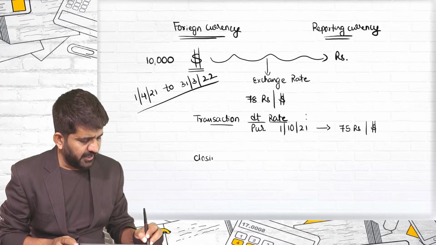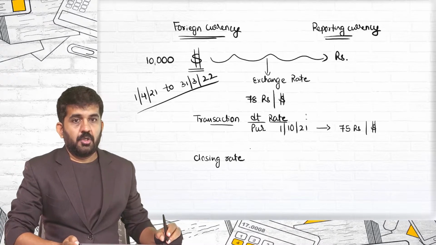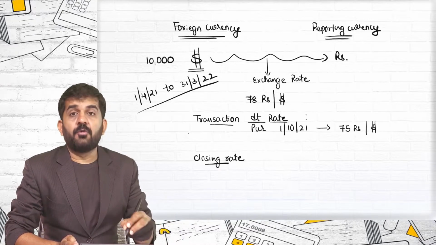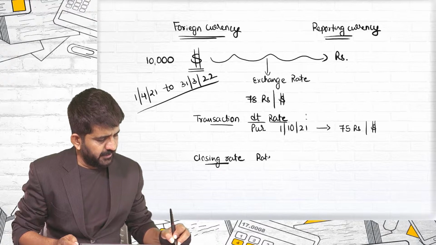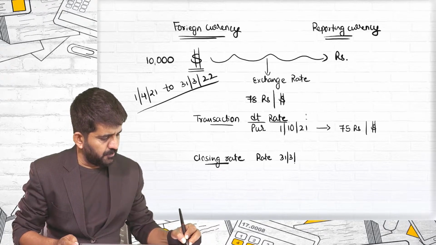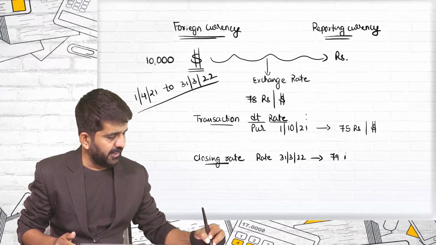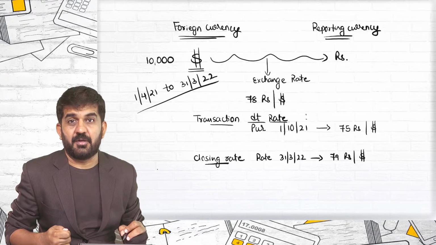Another is the closing rate. Closing rate for our financial year will be the rate as on 31st March 2022. Say the rate is 79 rupees per dollar. Then 79 rupees per dollar will be the closing rate.